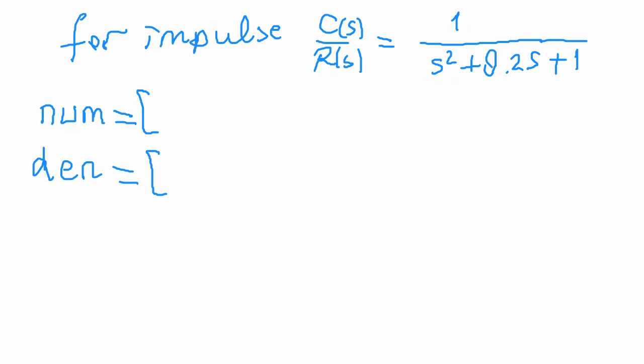Den is what? 1, empty space, 0.2 and 1. Here then it's going to be 0 0 then 1. Don't forget to put a semicolon. Then you write then equal this one.